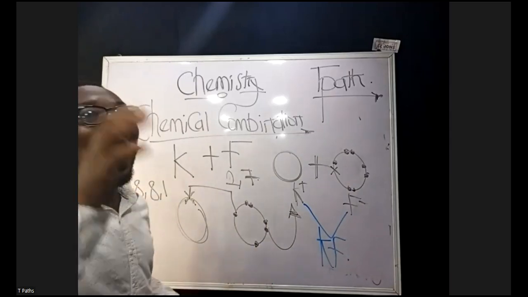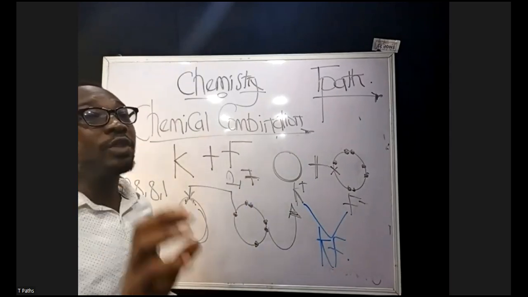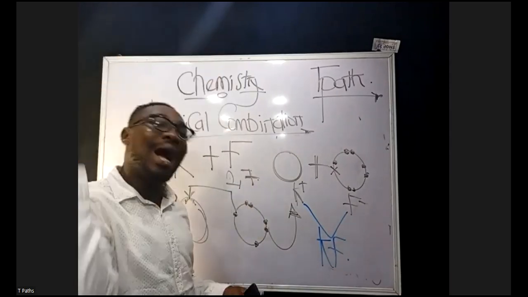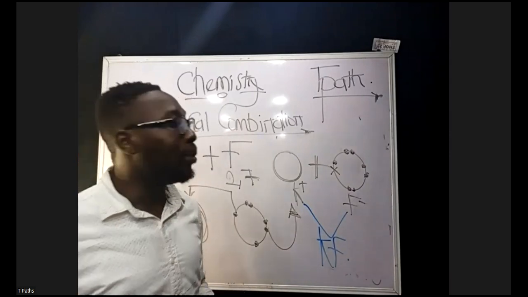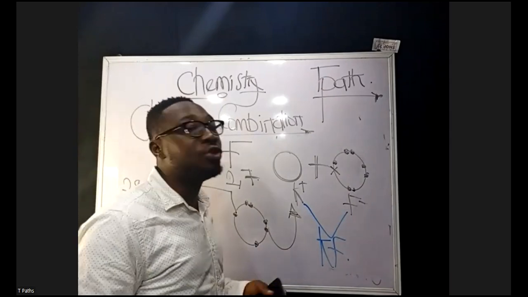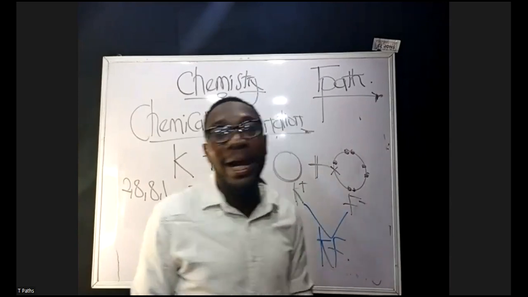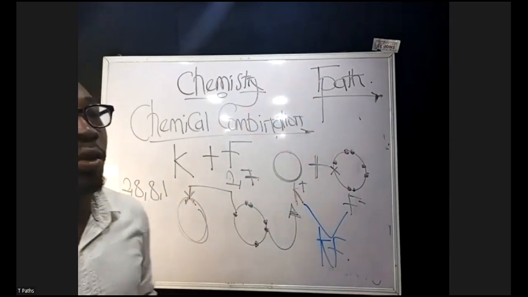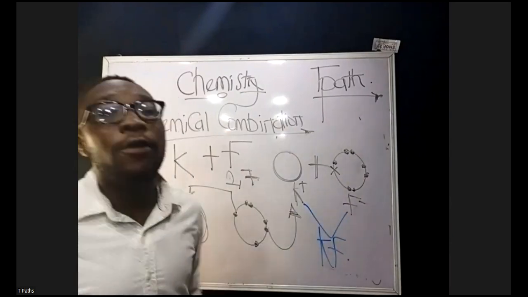Number two is high melting and high boiling point, and that is true. Ionic compounds are said to possess high melting and high boiling points. Very, very important. Please note that. Number three is solubility. There's a saying we use in chemistry that like dissolves like. That is, you expect a solvent of the same property as the solute to dissolve it.